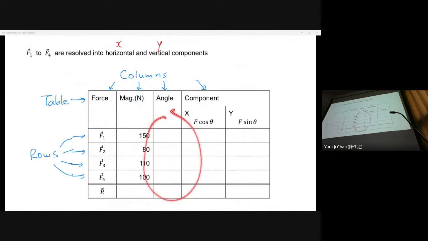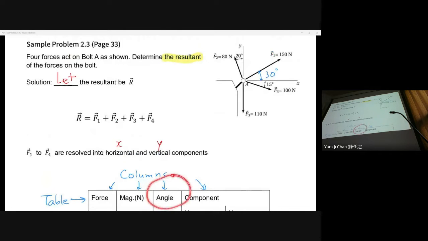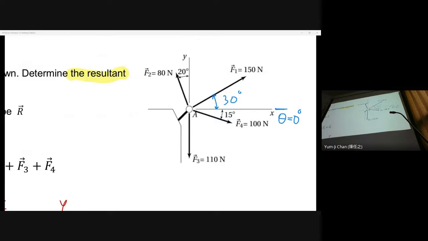Remember one thing: by writing this angle, theta, it goes from here. Theta equal to 0 degrees is here. So which way is positive?